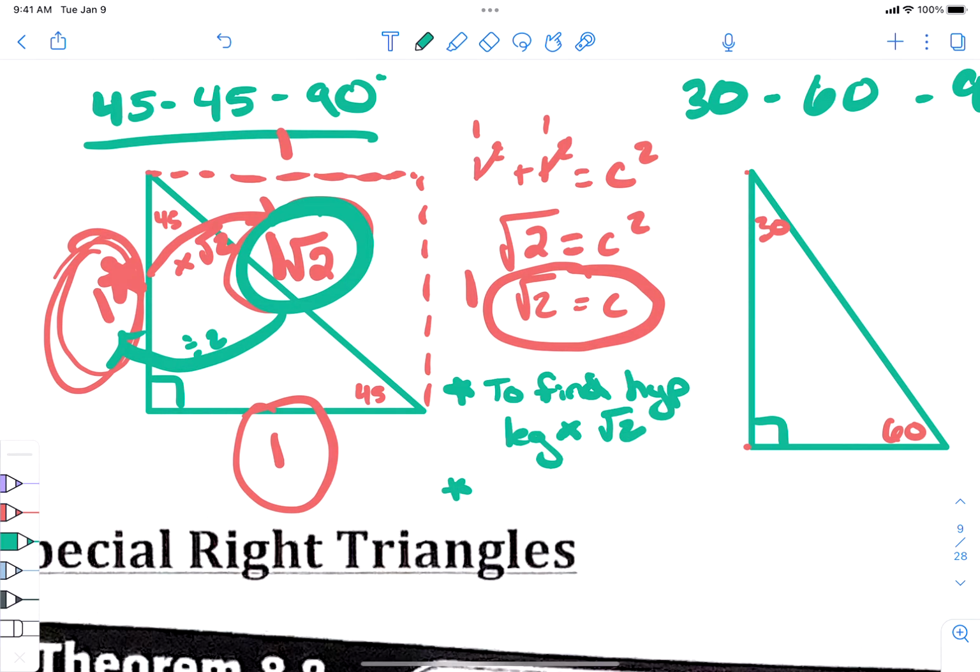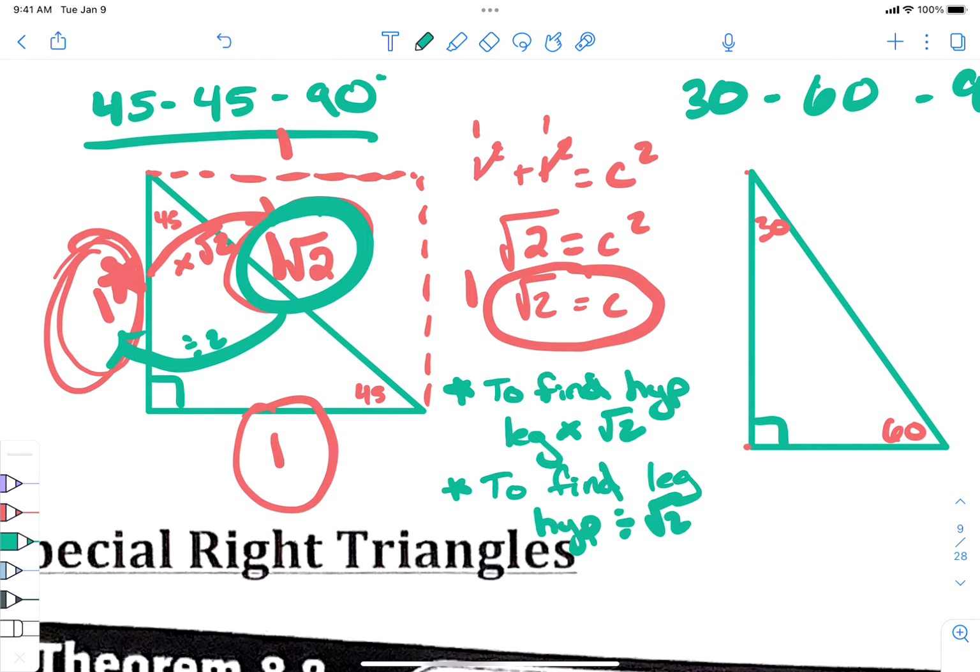If you're trying to find the leg, you take the hypotenuse and you divide by the square root of 2. That's kind of how it works, right? So any 45, 45, 90 triangle, if you're trying to find a leg or a hypotenuse, you just use the square root of 2, right?